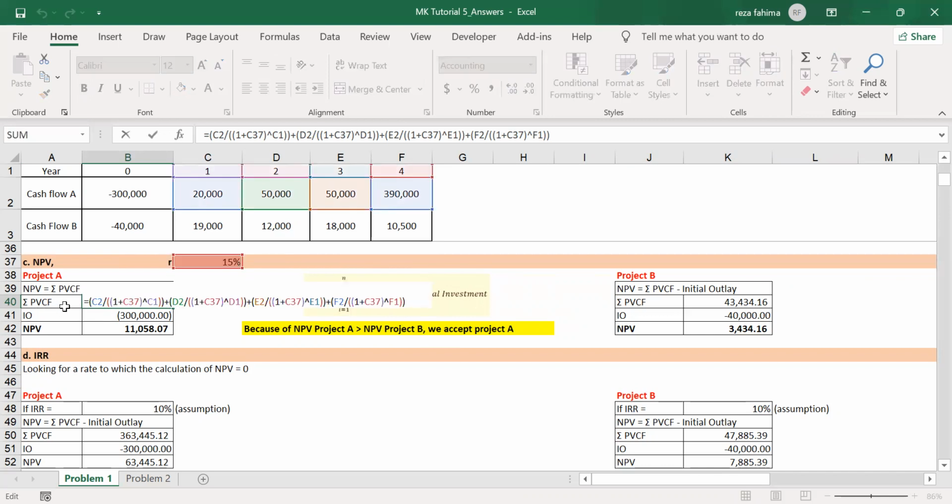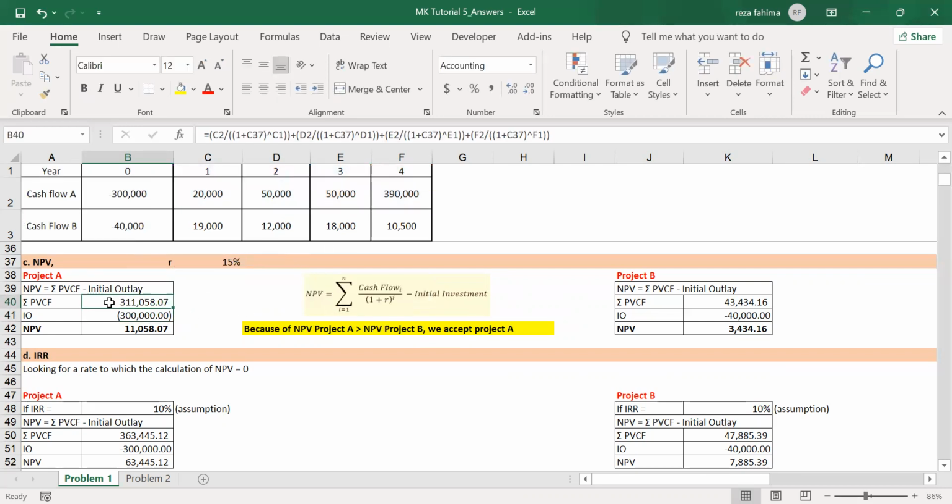So the present value cash flow for project A is the cash flow of the year 1 for project A divided by 1 plus the required rate of return, which is 15% in the power of 1, because we're calculating the first year of the cash flow, and plus the cash flow of the year 2 divided by 1 plus the discount rate, or the required rate of return, which is 15%, again the same, in the power of 2, because we're calculating the cash flow of the year 2, and so on with the year 3 and the year 4.